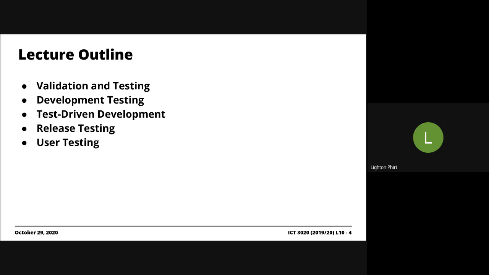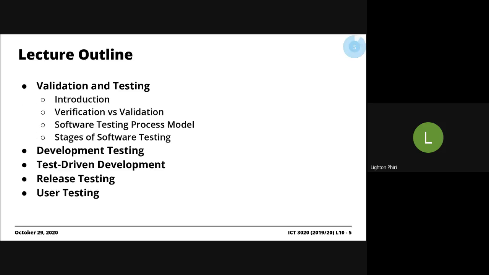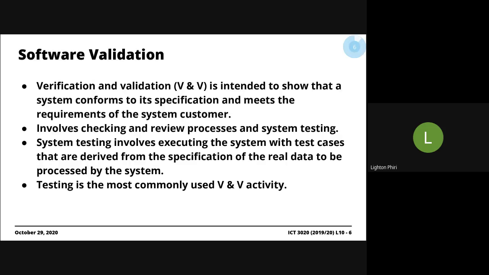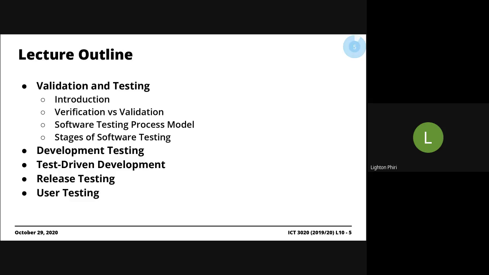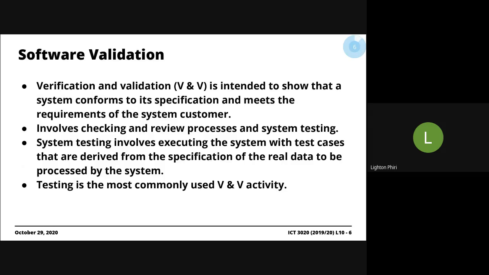Anyway, so just a bit of introduction here to remind ourselves about what testing is all about. Now we talked about this in lecture series number 2. The whole point of this discussion is part of verification and validation, V&V.